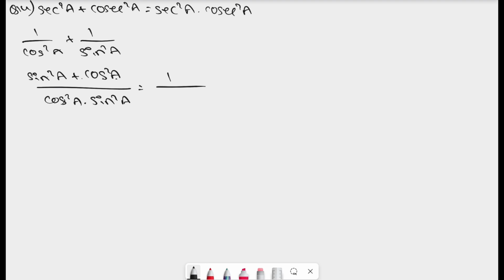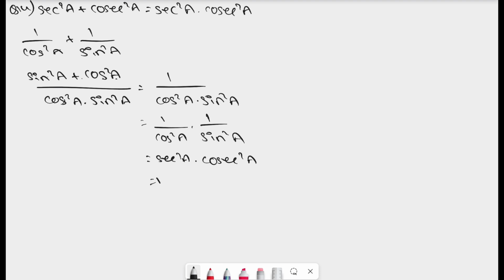We'll get 1 by cos square A into sin square A. Now divide this into two terms. We'll get 1 by cos square A into 1 by sin square A, and we know 1 by cos square is nothing but secant square, and 1 by sin square is nothing but cosecant square, which is our required RHS. Therefore, LHS is equal to RHS.